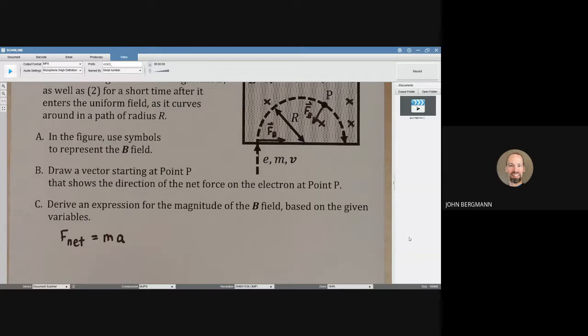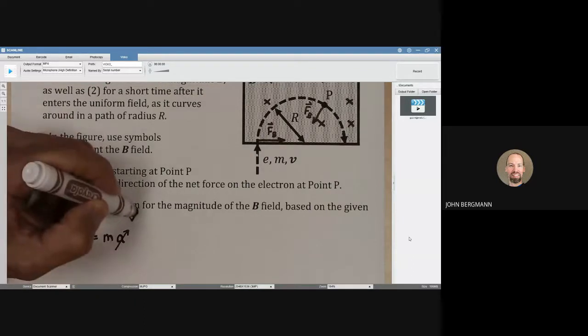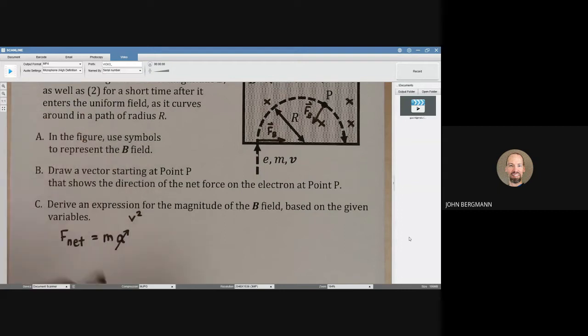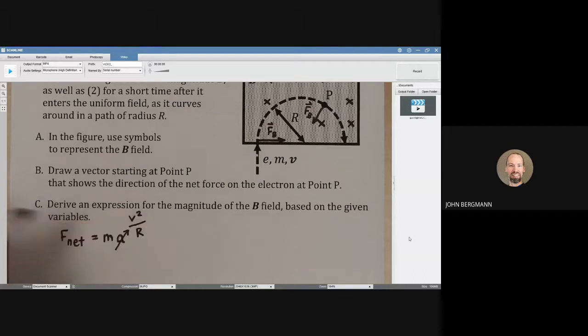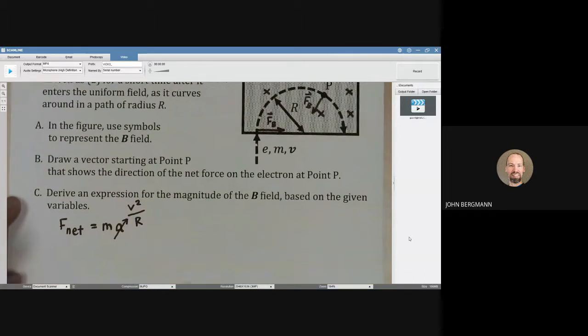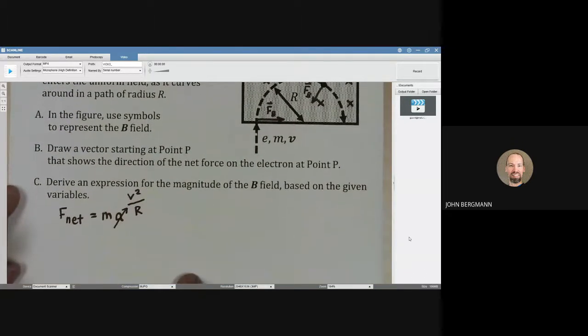Here we have an object that is moving in a curved path, and we learned in mechanics that the centripetal acceleration is given by the expression v squared divided by the radius of the motion, which in this case is capital R. And then the net force is going to be the magnetic force. And the magnetic force has what magnitude? q v B, and then since it's a cross product, the sine of theta.